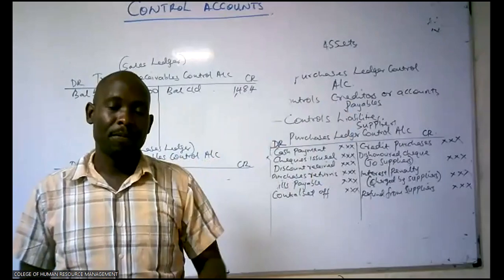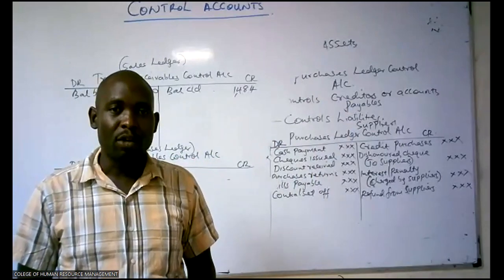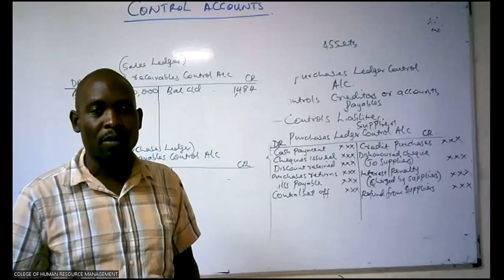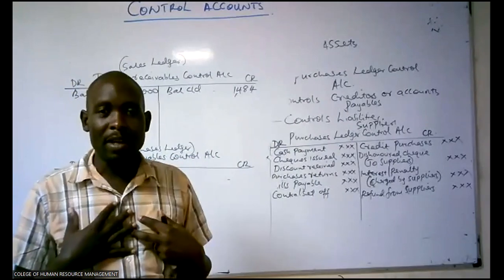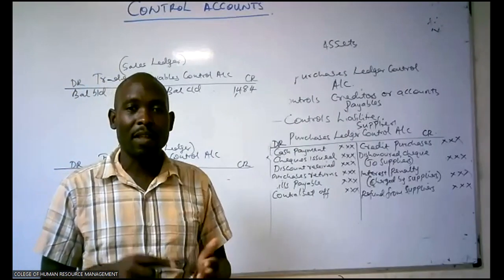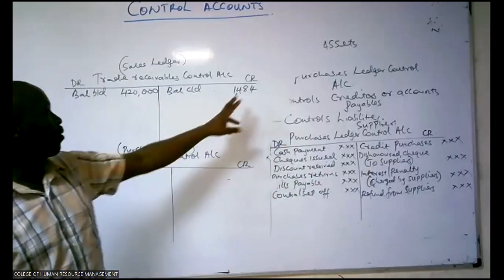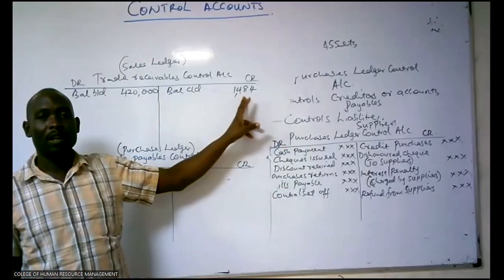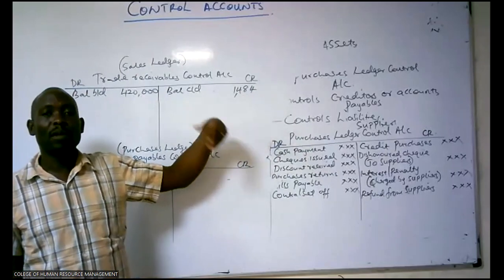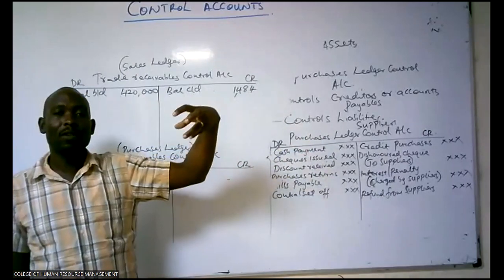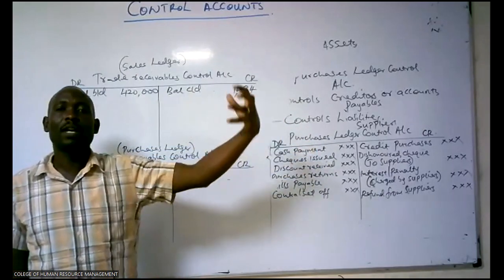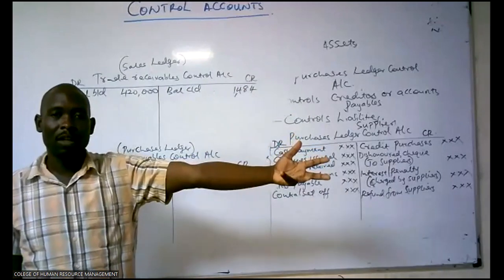So you are supposed to give me 9,000. But you paid the whole 10,000. So from my side as the seller, I need to understand that I was supposed to enjoy a discount of 1,000. So that 1,000 will appear in my sales ledger because I'm supposed to refund you. You paid 10,000 instead of 9,000. You did not factor the discount.